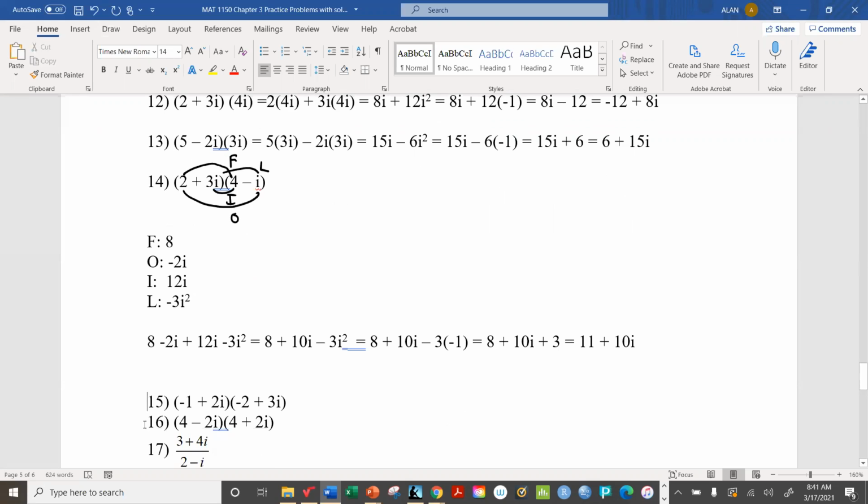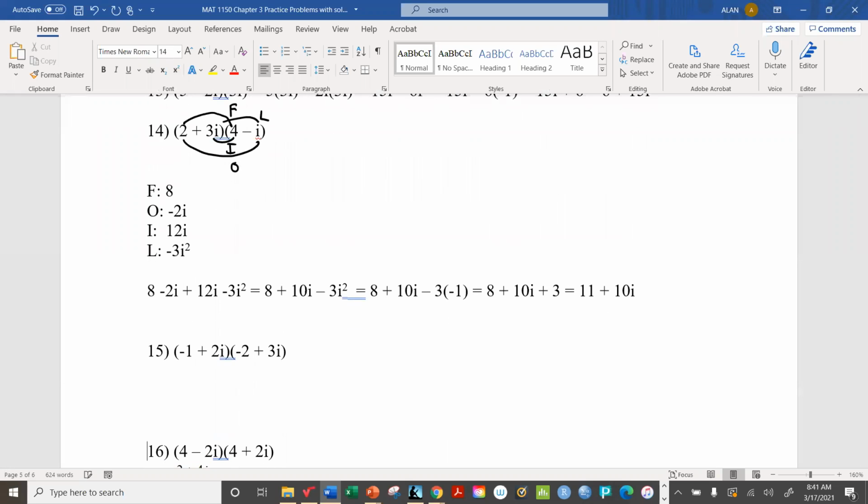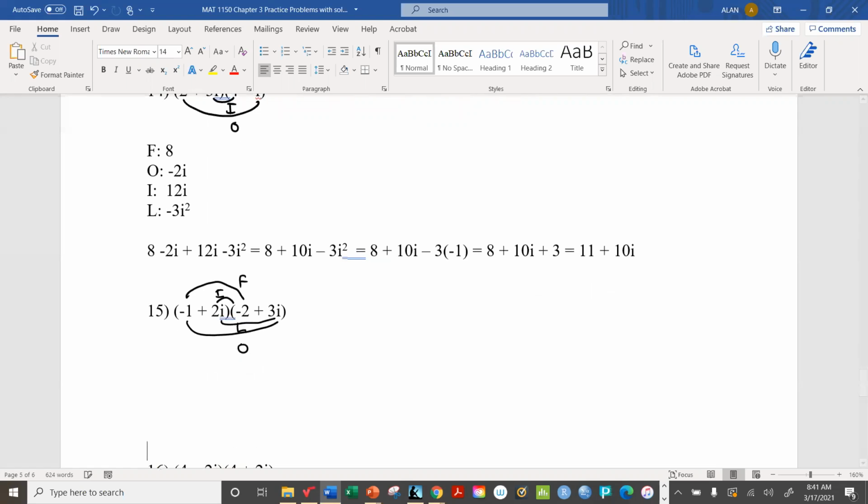Now this one looks like trouble. Look at all those negatives. It's still a FOIL, but we just have to be careful. F, O, I, and L. Okay, so let's see what we get.